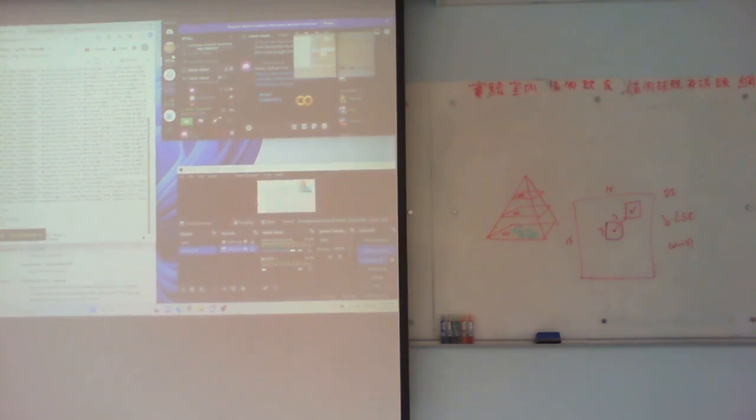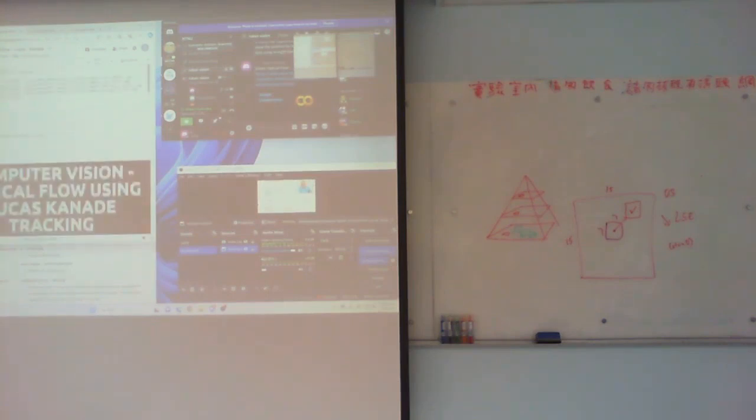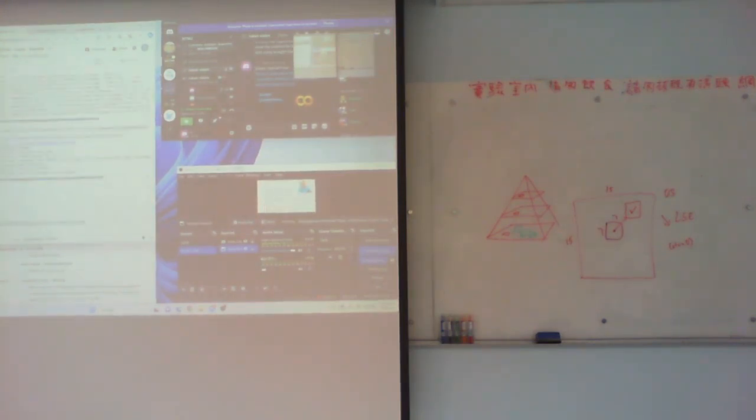There's some overlap. See, I don't really use that much resources. It's only green.